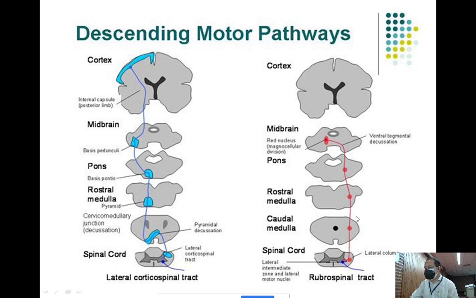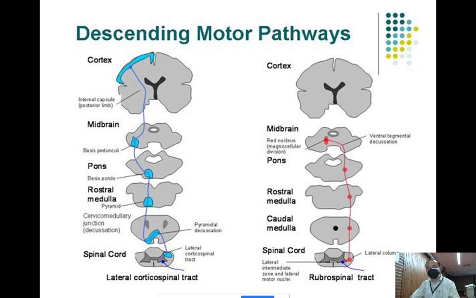So it's going to be different from the rest of the extrapyramidal tracts, because the other extrapyramidal tracts are involved in the control of posture. But this is involved in the control of fine skilled movement. Other tracts are involved in maintenance of posture and equilibrium. Why?